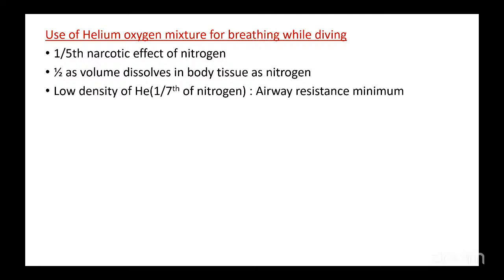So you need to mix it with something. Nitrogen is problematic, so you go for something else, that is helium. Why? Because it has only one fifth of the narcotic effect of nitrogen. It dissolves in body tissue at only half the volume, and it has lower density also. So airway resistance is very minimal when breathing it.